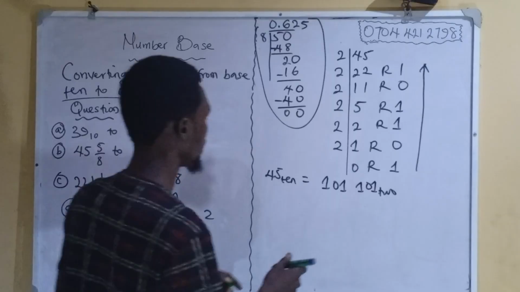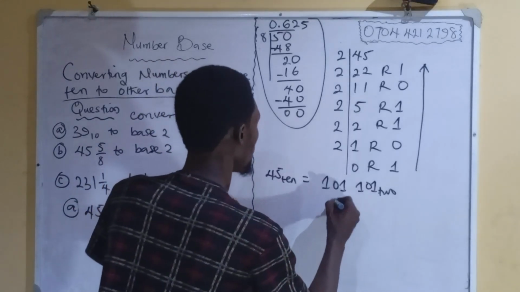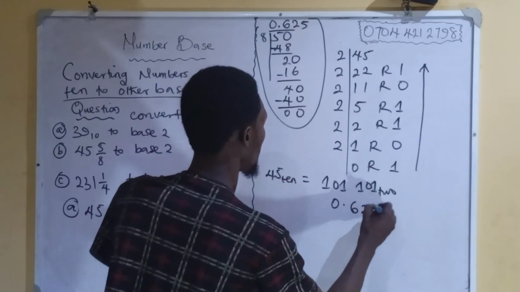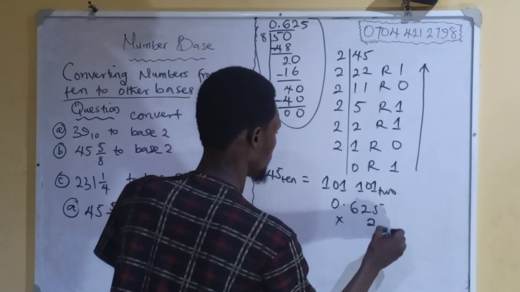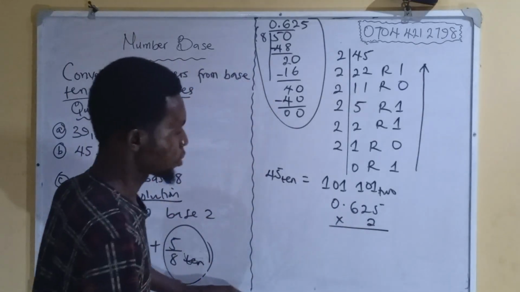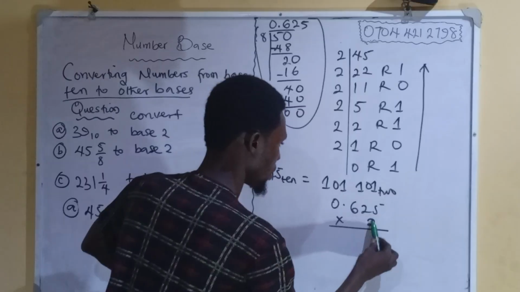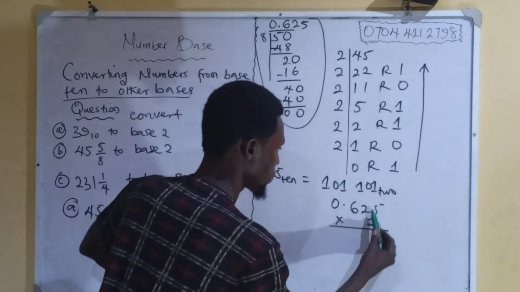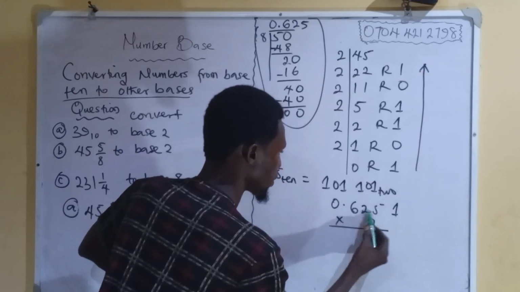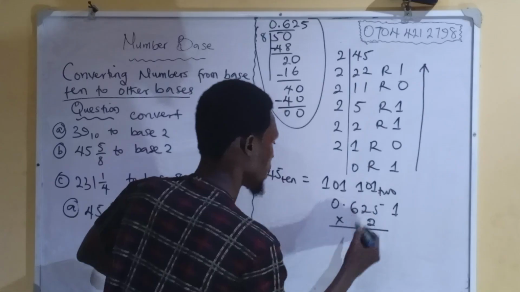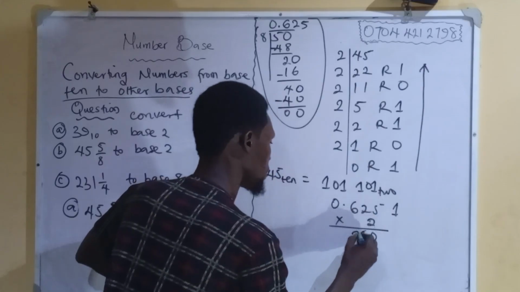So what we have here is 0.25, so you multiply by 2. When you multiply by 2, 2 times 5 is 10, carry 1, and here would be 12.